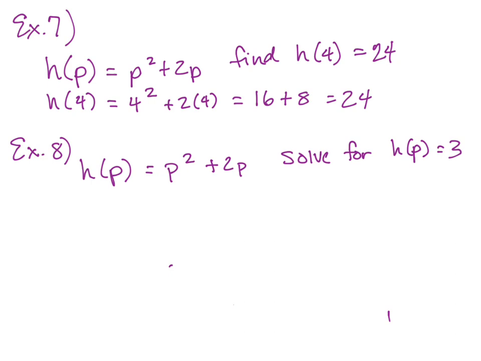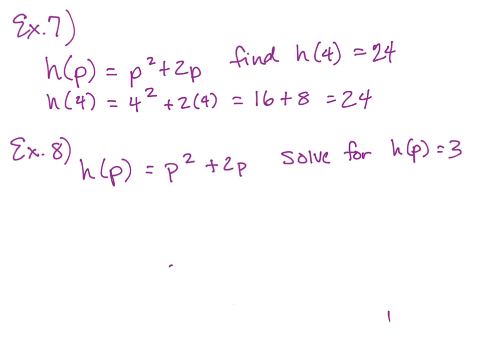And I want you to notice it's so subtle, but the nuance is huge. The difference is huge. In example 7, they place the 4 in place of x, or in place of p. In example 8, h of p is set equal to 3.